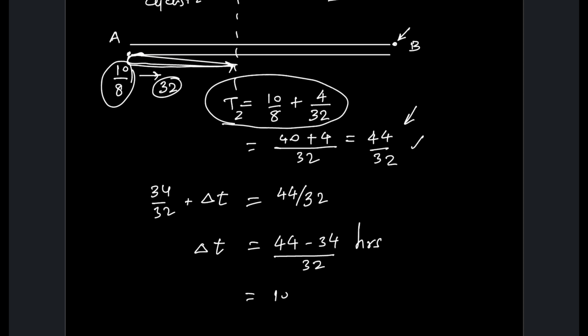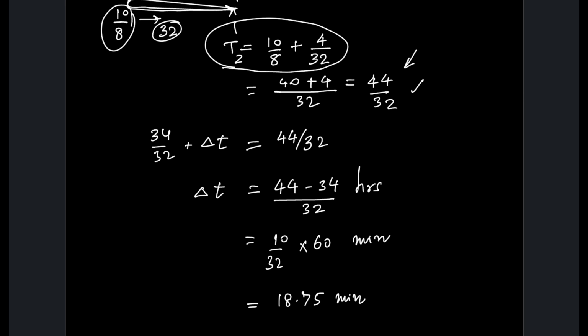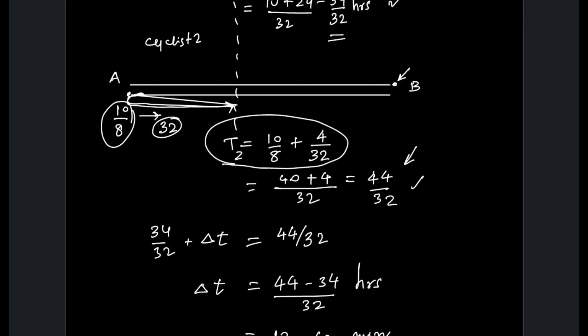That is 10 over 32 hours, and to convert into minutes, multiply by 60. If you solve this, it will come out 18.75 minutes. So this is the time for which cyclist 1 will rest in town B. So cyclist 1 will rest in town B for this much of time.